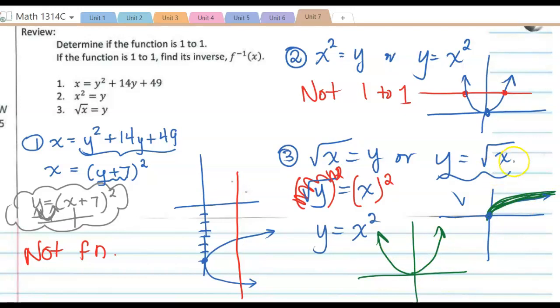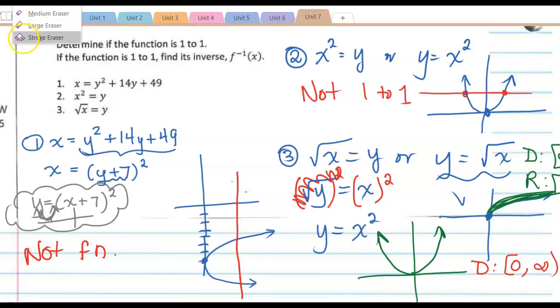So notice for this one, we know that our domain was from 0 to infinity, and our range was also from 0 to infinity. So when we switch those around, what we want over here is that our domain be from 0 to infinity. So if that's the case, we actually need to get rid of this part of my graph.